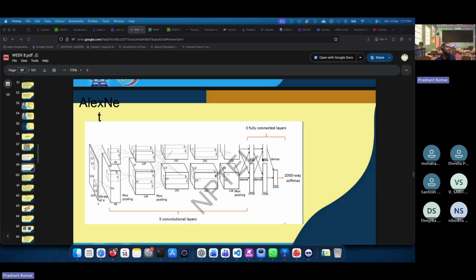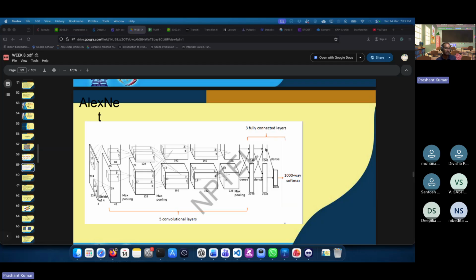So what does dropout do? Let's say I have 4096 neurons here, and I am saying that in every epoch, I will deactivate 50% of the neurons, and then I will do the back propagation.